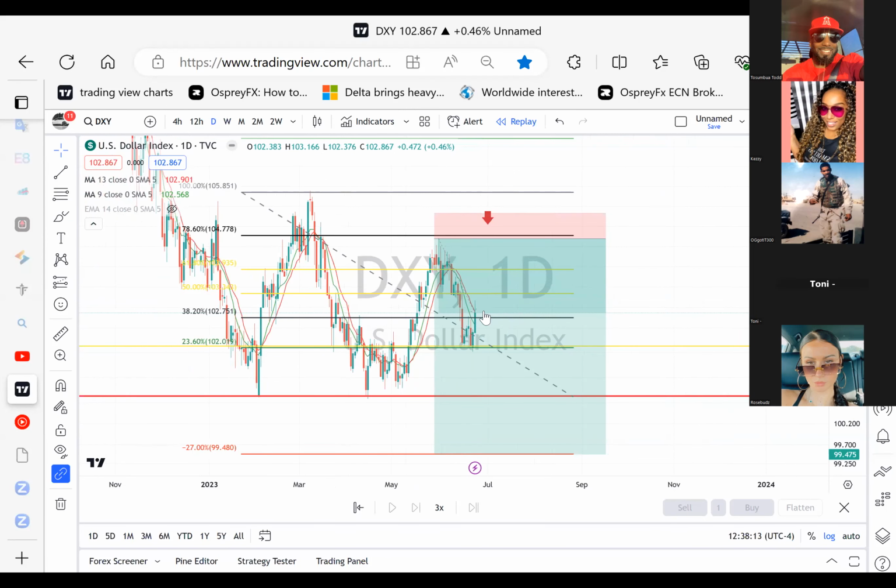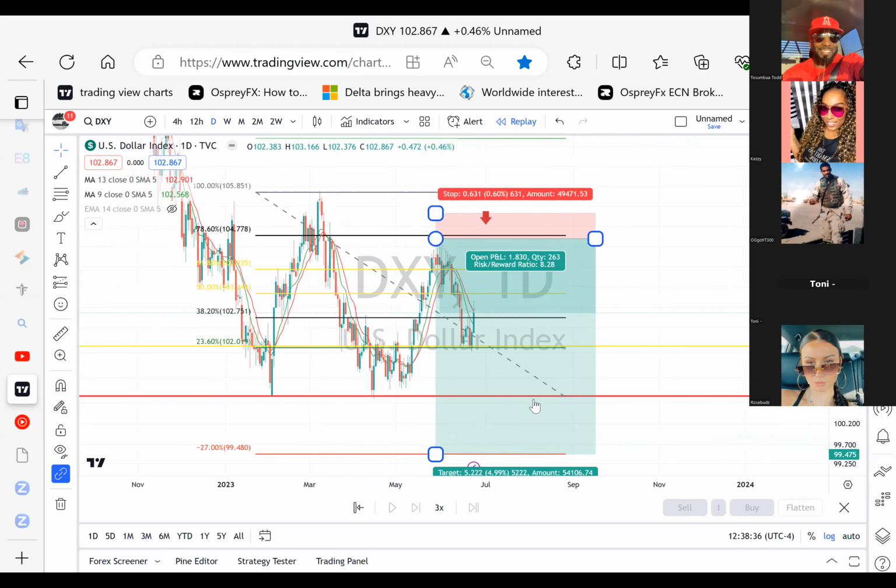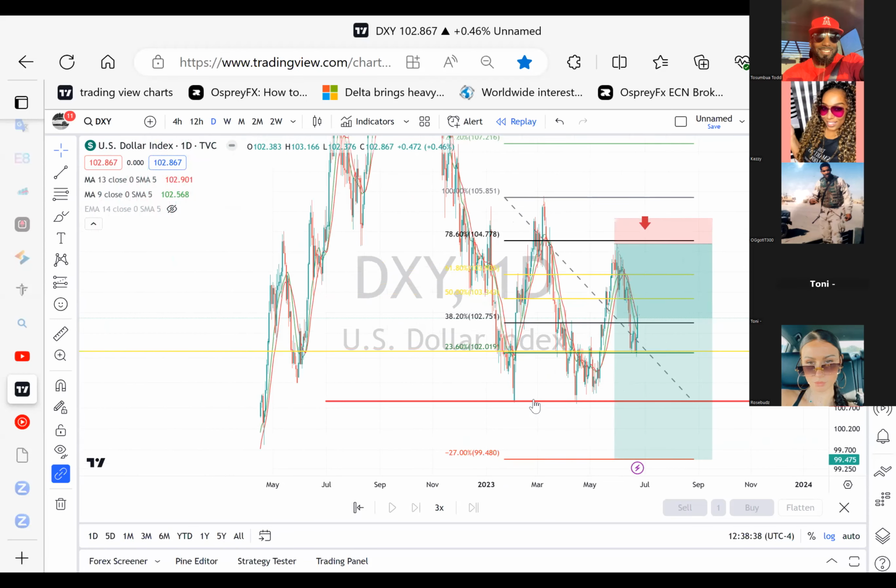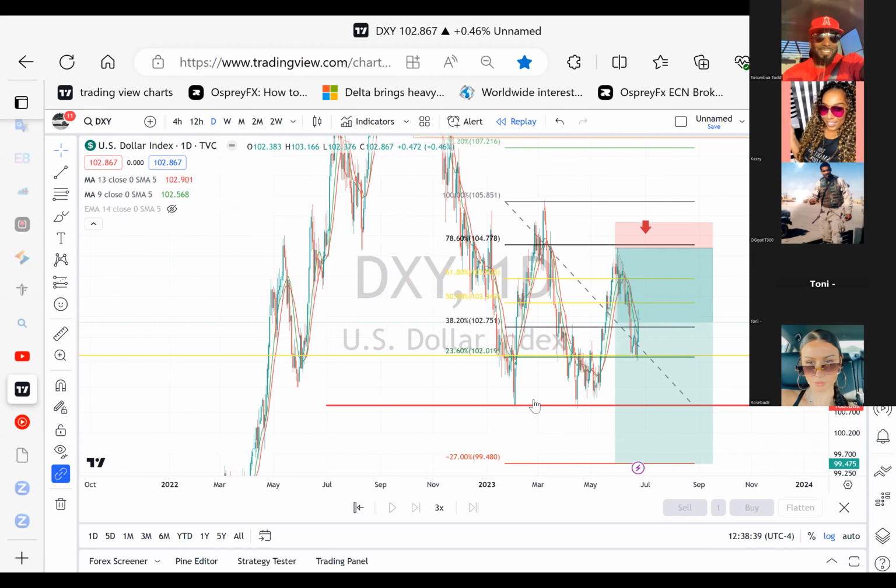But I guess I have my bias, just see how it works out. Whenever I did this dollar analysis, this pulled back to the 78, got it going to the negative 27. All of it, it's lining up so far. So we'll just have to see.